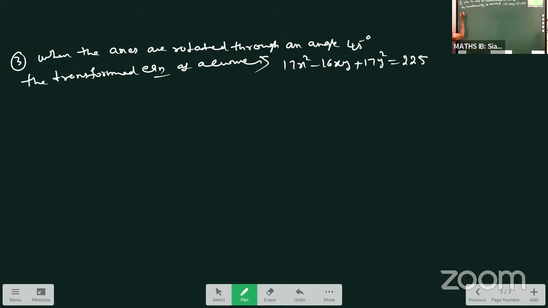Find the original equation. The question is, we have to find the original equation.